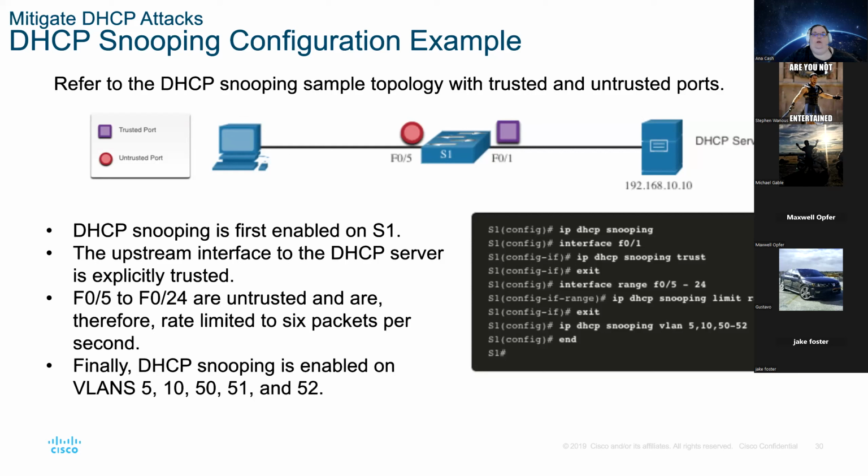F0/5 to F0/24 are untrusted and are therefore rate limited to 6 packets per second. And finally, DHCP snooping is enabled on VLANs 5, 10, 50, 51, and 52. And you can see that all in the little window on the side for the commands. And purple square is trusted, and red circle is untrusted.